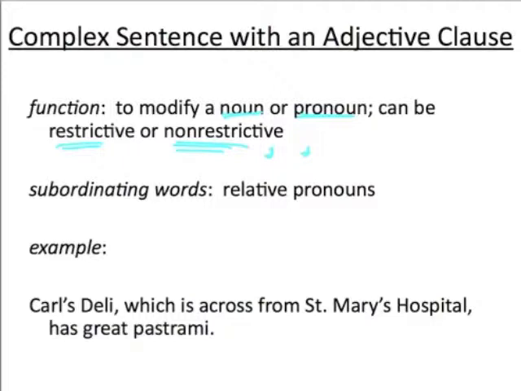It's still modifying that noun, it's just not identifying it as importantly as a restrictive adjective clause is. And adjective clauses almost always subordinate with relative pronouns. Remember that those are pronouns, which means that they're going to have a noun function within the clause, unlike the conjunctions that subordinate for adverb clauses.